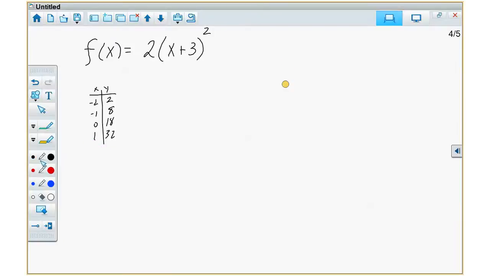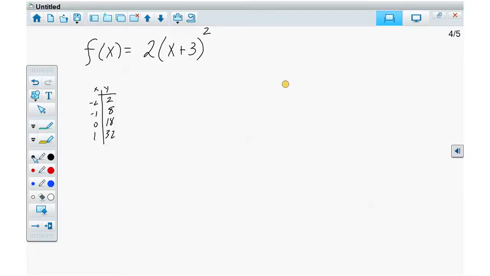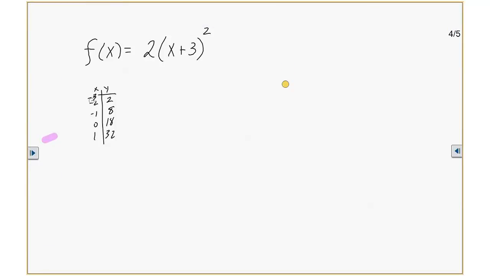So let's do negative 3 and negative 4. Negative 3 plus 3 is 0. 0 squared times 2 is 0. Negative 4 plus 3 is negative 1. Squared is 1. 1 times 2 is 2. So there's a little bit.